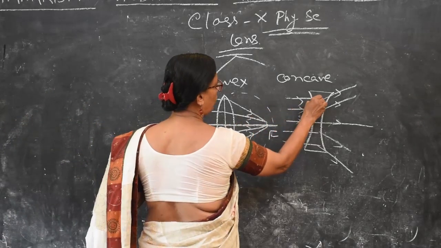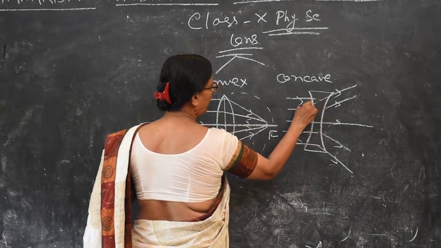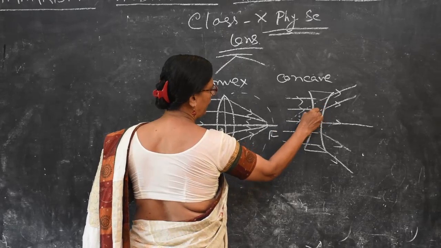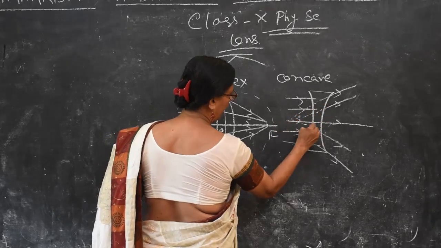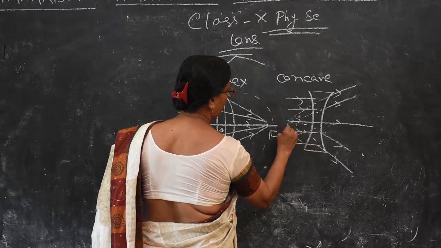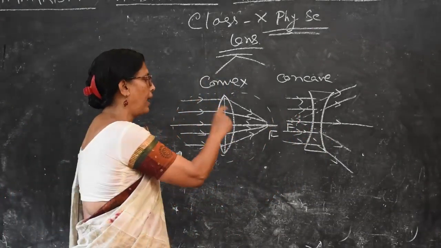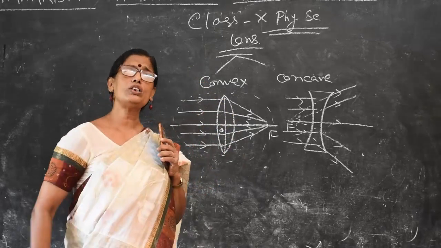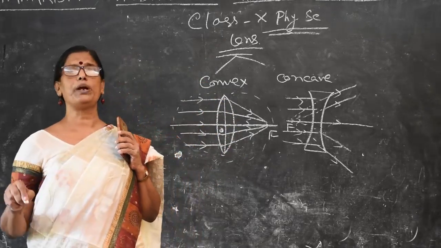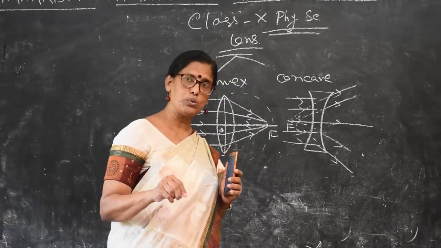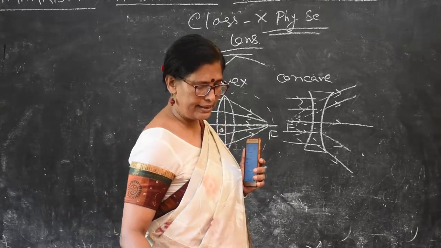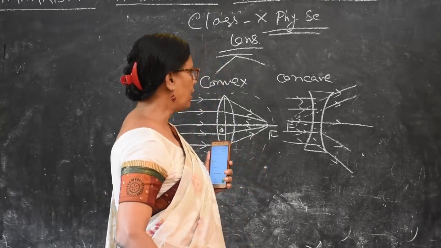If it does not match here, we can extend it backward by drawing a dotted line. So this is called the focus. For the convex lens, the rays really meet at a particular point. Here the rays do not meet, they only seem to meet. Seems to meet means it is virtual. Virtually it is a point for the concave lens.